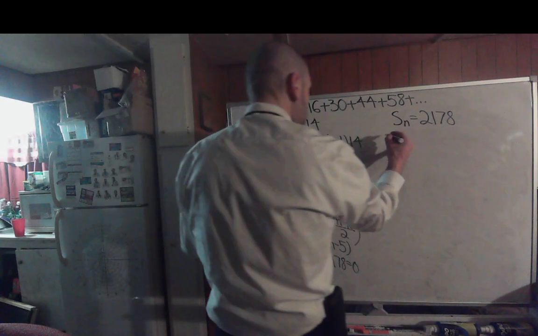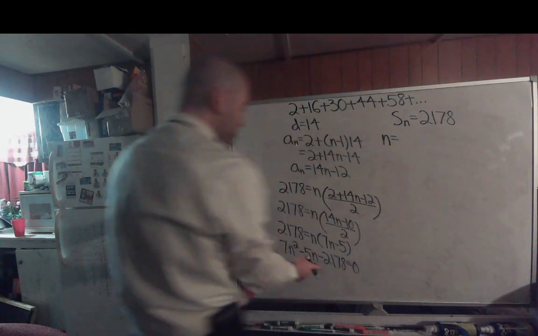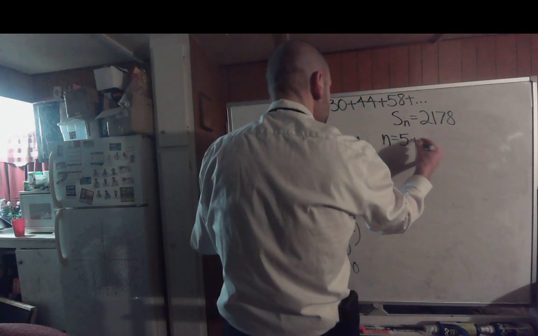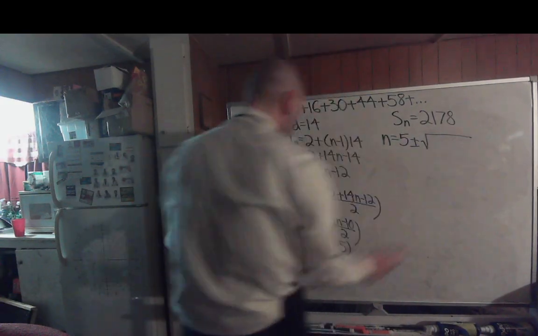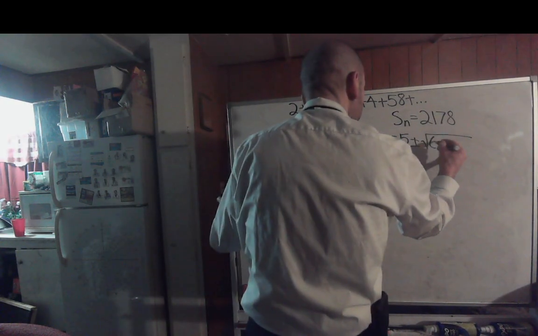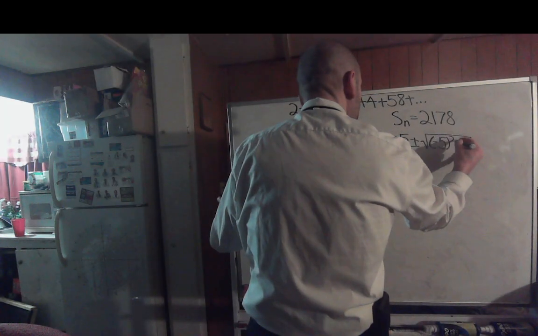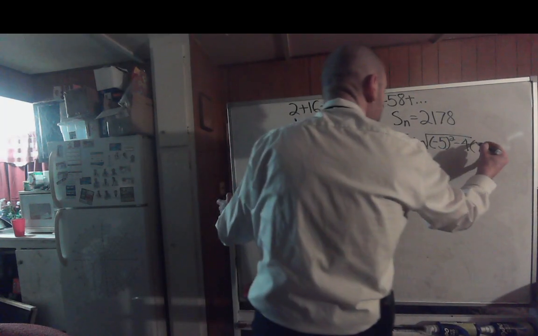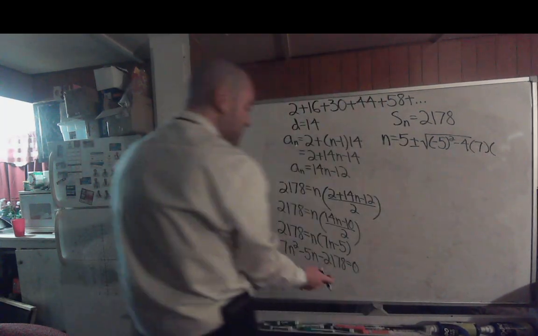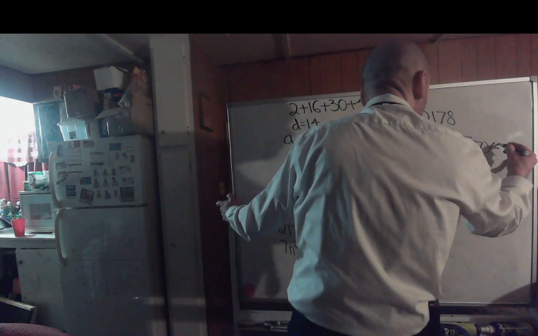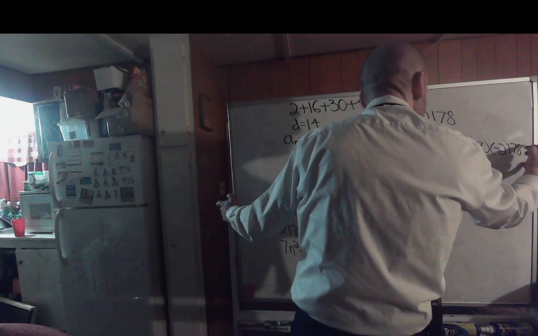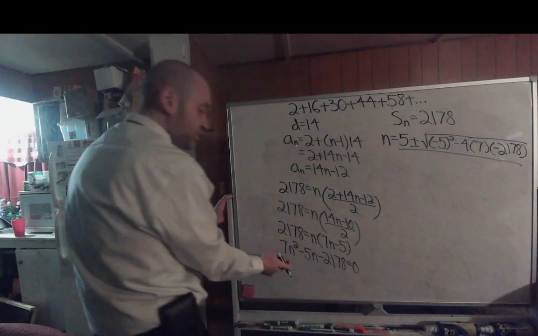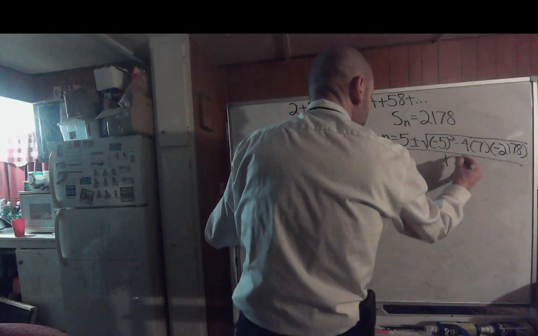So n would equal the negative of b, so negative 5, that's positive 5, plus and minus the square root of your b squared, so that's negative 5 squared, minus 4 times your a of 7 times your c of negative 2,178, all over 2 times your a of 7, which would be 14.